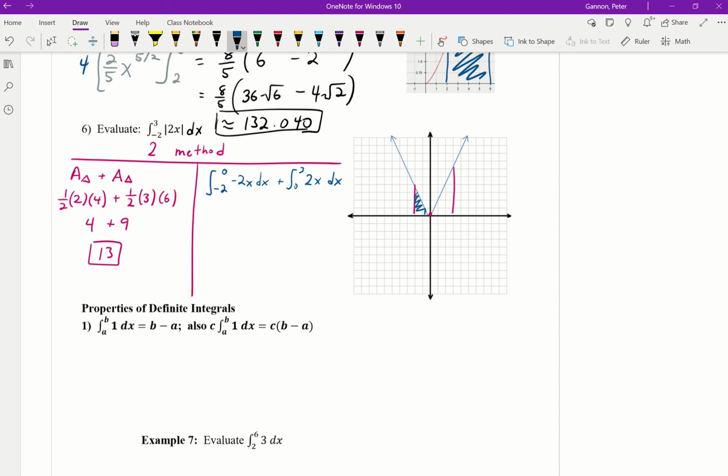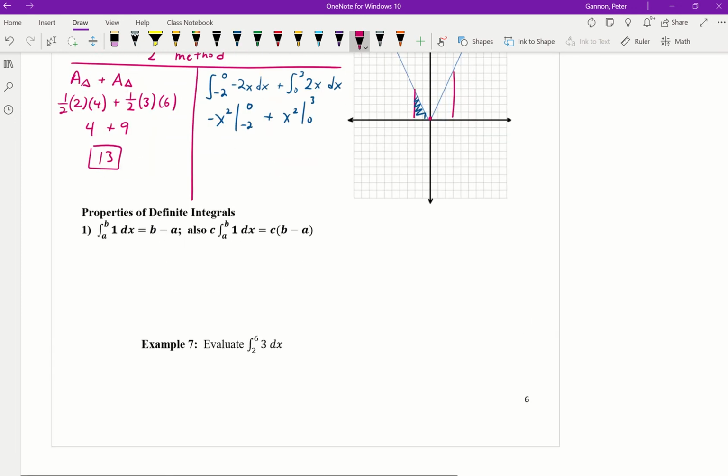And as you go to integrate that now, this becomes negative x squared, and we're evaluating from negative 2 to 0. Over here, you get positive x squared, and we're evaluating from 0 to 3. So as we go to substitute, you have negative 0 squared minus negative 2 squared. So you've got to be careful with all those negative signs. Plus 3 squared minus 0 squared is what's happening there.